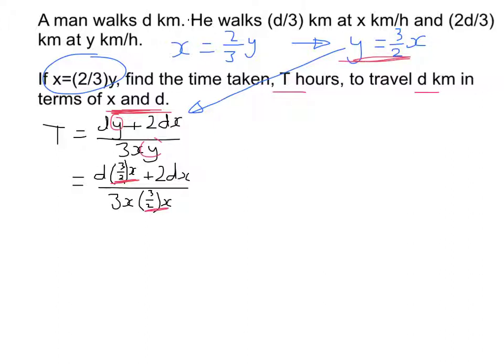So we need to keep simplifying this equation. Now it looks a little bit complicated, but we can do it. What I'm going to do is just write the top line and the bottom line separately. It's a nice little square bracket.